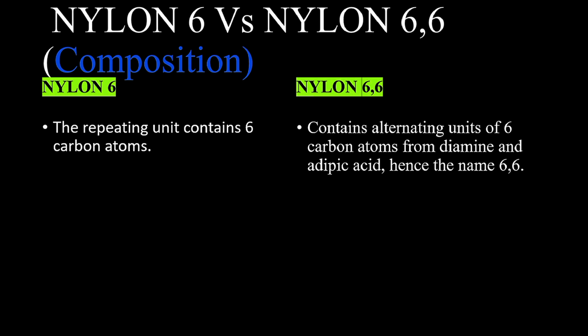As we discussed in the previous slide for manufacturing, nylon 6 is formed by a single monomer and nylon 6,6 by multiple monomers. It contains alternating units of 6 carbon atoms from diamine and adipic acid. Hence, its name is nylon 6,6.